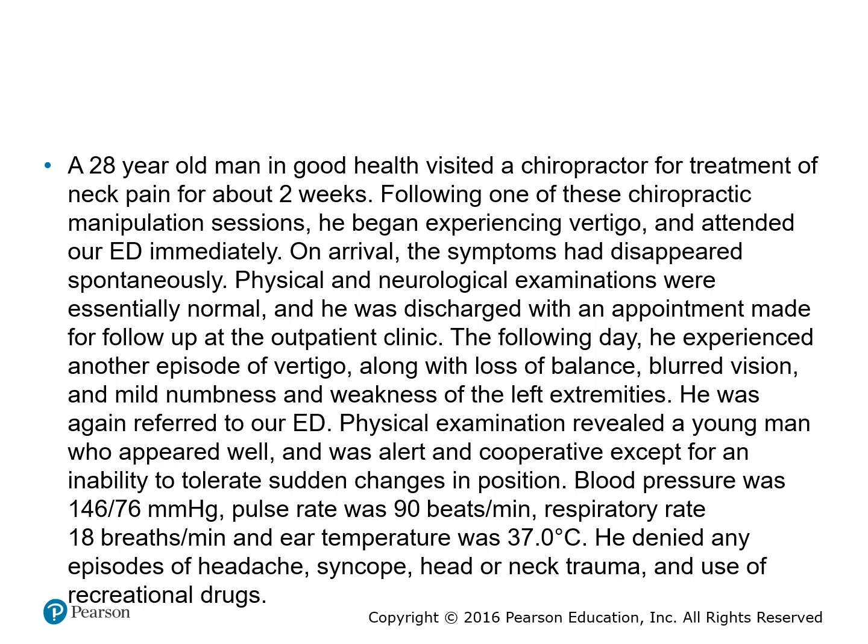Physical examination revealed a young man who appeared well and was alert and cooperative, except for an inability to tolerate sudden changes in position. Blood pressure was 146/76 millimeters of mercury. Pulse rate was 90 beats per minute. Respiratory rate was 18 breaths per minute. Ear temperature was 37 degrees Celsius. He denied any episodes of headache, syncope, head or neck trauma, and the use of recreational drugs.